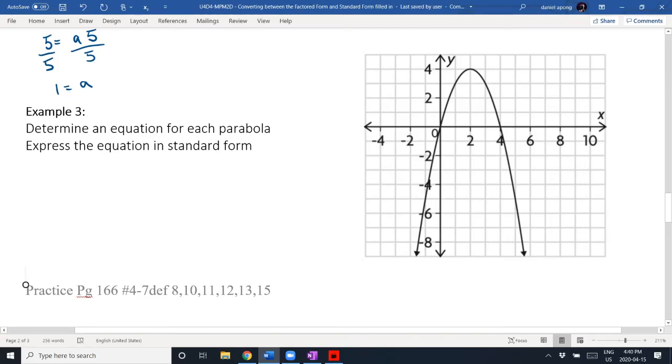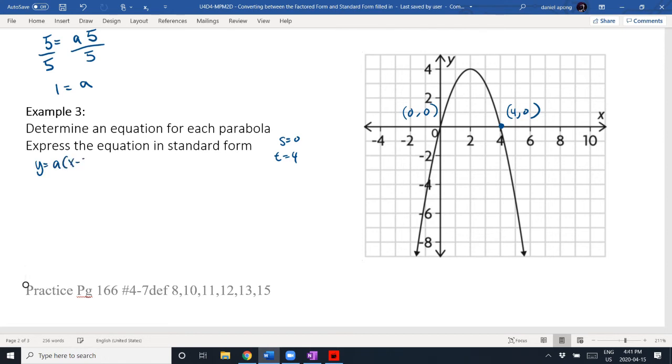So the first thing that we're going to do is find our zeros, and we can see them here. This is 4, 0, and this one here is 0, 0. So those are our 2 zeros. So we can already fill this in for our s and t. We can say s is equal to 0, t is equal to 4, and we can start plugging it into our skeleton equation here. So y is equal to a, bracket x minus s, bracket x minus t, and then we're just going to plug in our s and t values into that.